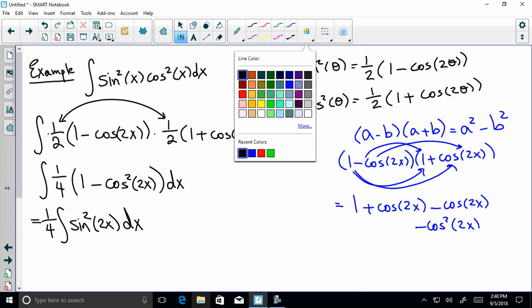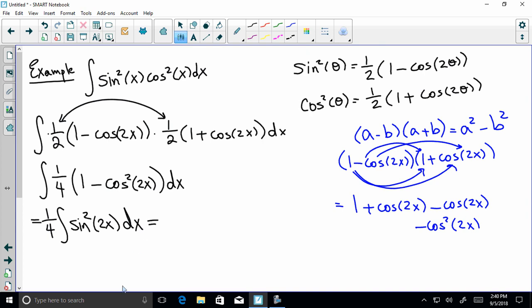Now let's look at this again. I've got sine squared of 2x, so what kind of power is this? Even, right? So I'm going to use that formula again. This is equal to 1 over 4 integral, instead of sine squared of 2x, what can I write? 1/2 (1 minus cosine of what? 4x.)